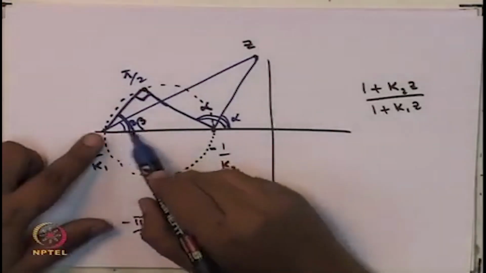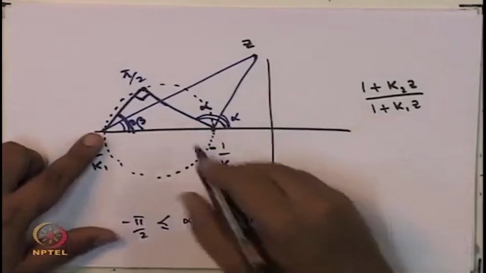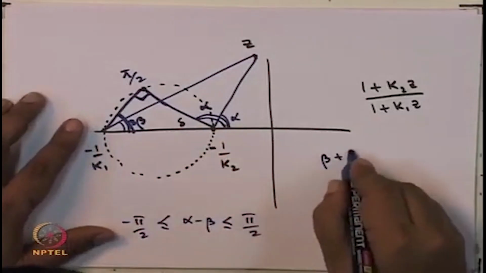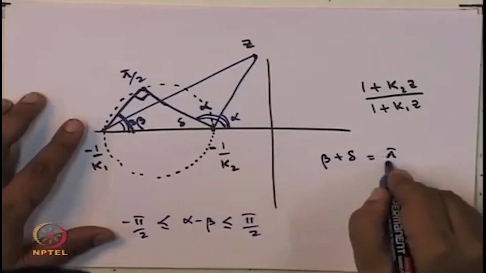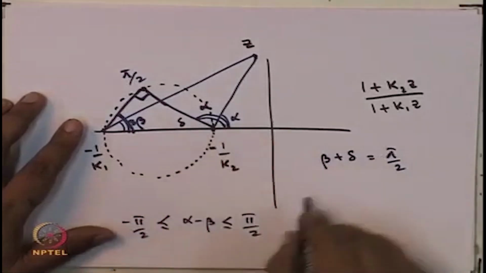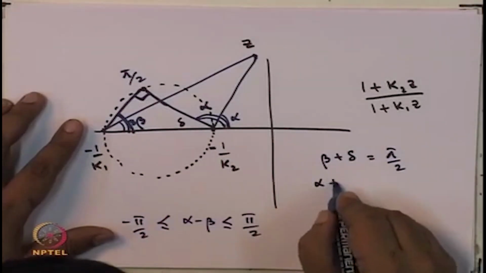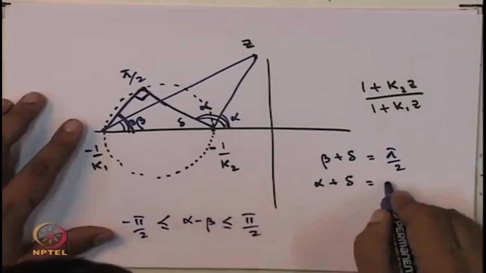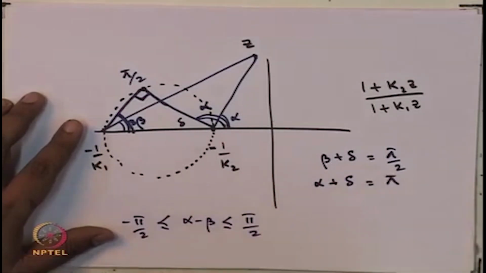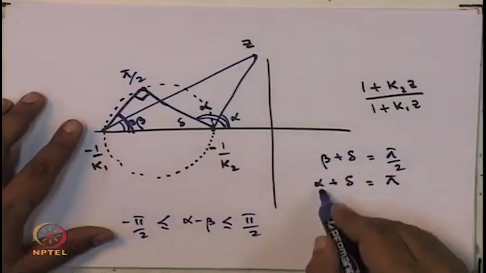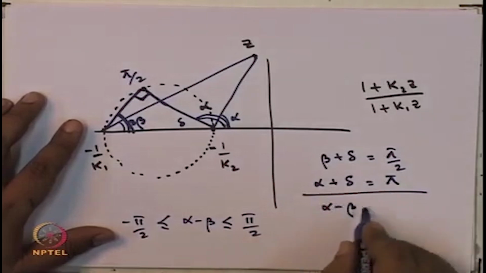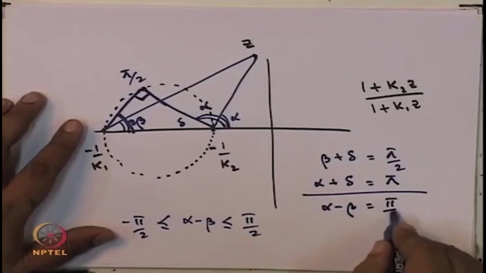Well, if I call this angle delta, we know beta plus delta is equal to pi by 2, but we also know alpha plus delta is equal to pi. So, if you subtract the first one from the second one, you get alpha minus beta is precisely equal to pi by 2.